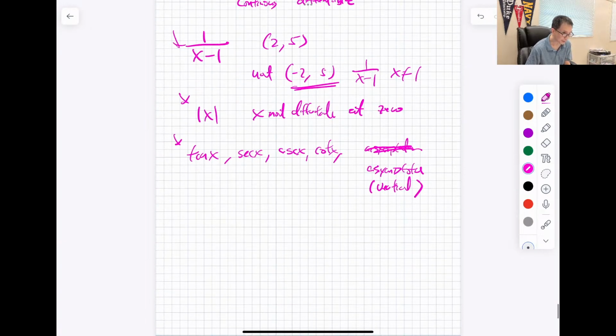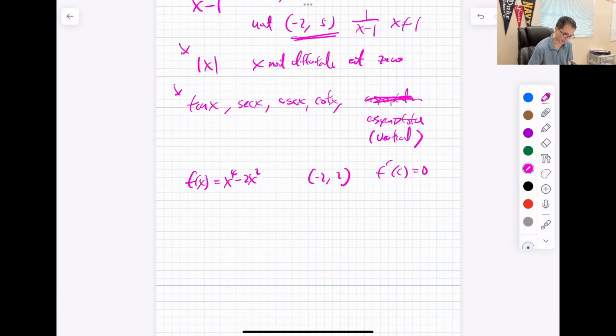So I'm gonna give you a Rolle's theorem problem. It will say f of x equals x^4 minus 2x squared, I think, between -2 and 2, where f prime of c is equal to 0. I'm just gonna say, oh yeah, this is a polynomial. So all polynomials are continuous and differentiable.